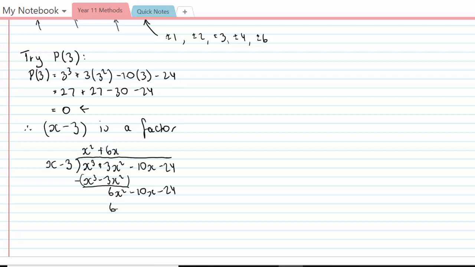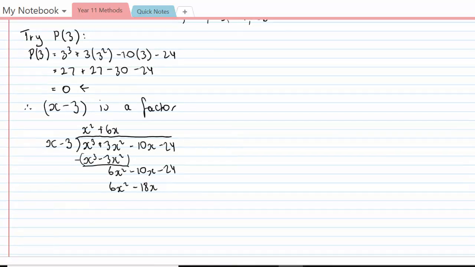That gives us 6x squared minus 18x, which we'll take away. That leaves us with 8x minus 24, and so I get a plus 8 there, which gives us 8x minus 24, and luckily leaving us with a remainder of 0.